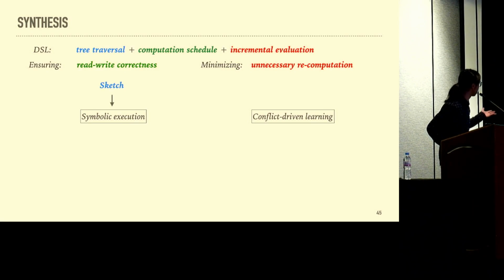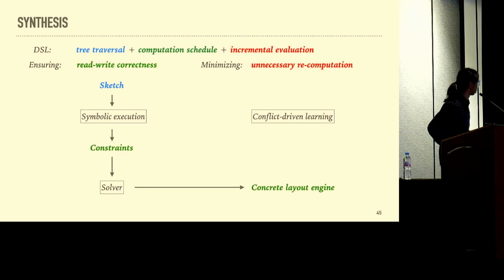Given a sketch, we run symbolic execution to obtain a set of constraints to be solved by an off-the-shelf solver, and that gives us a concrete layout engine. But that particular engine might be inefficient for the reason that we just mentioned. So the conflict-driven learning procedure is going to try to infer a set of conflict clauses that prevent the solver from revisiting the same kind of mistakes in future iterations. So this is iteratively improving the candidate schedule.